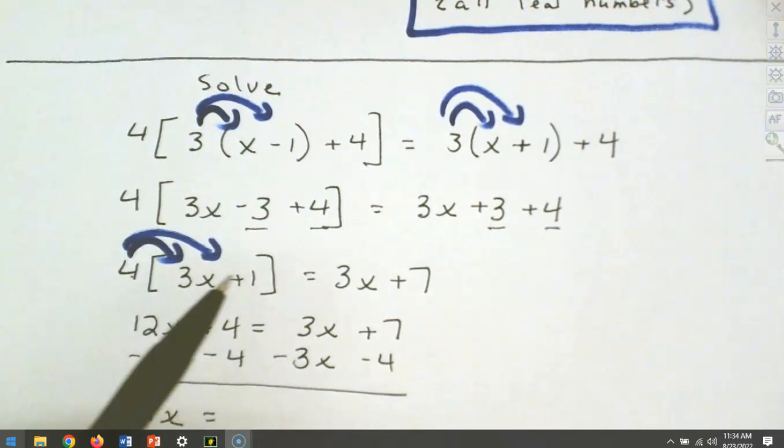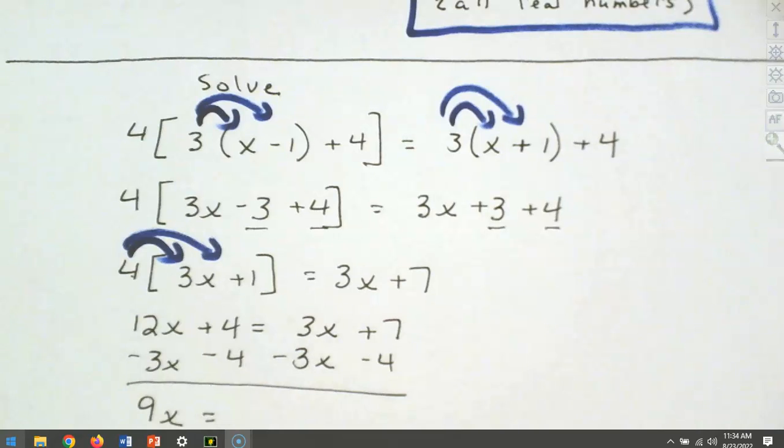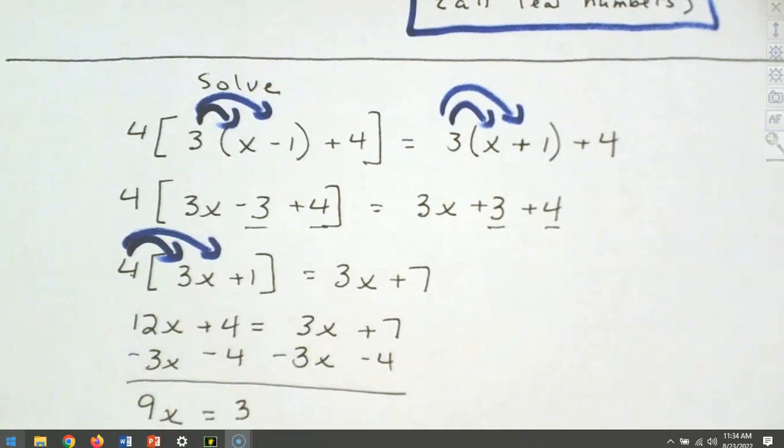The 4's cancel, the 3's cancel. And 7 minus 4, well, 7 minus 4, that leaves you with a 3. We'll divide by our 9, and you want to reduce this down. And 3 9ths reduces down then into 1/3.